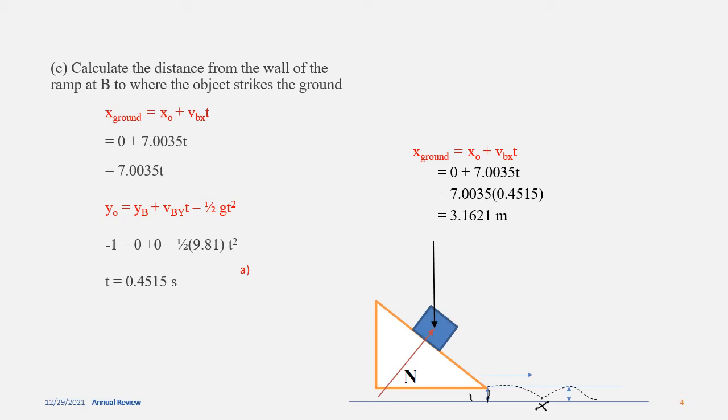So we have 0 minus half g t squared, 9.81 t squared. Then we get t equals 0.4515 second. Then we substitute the t value into the equation x ground equals x naught plus vbx t. Then we get the x ground equals 3.1621 meter.